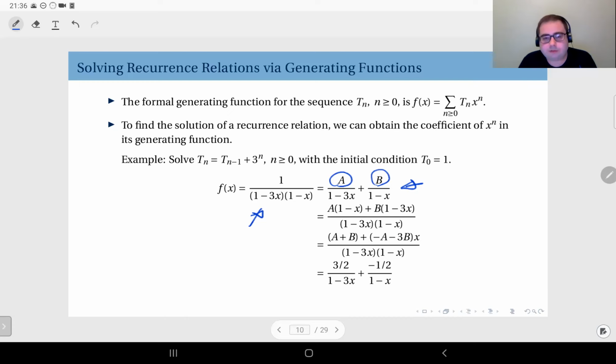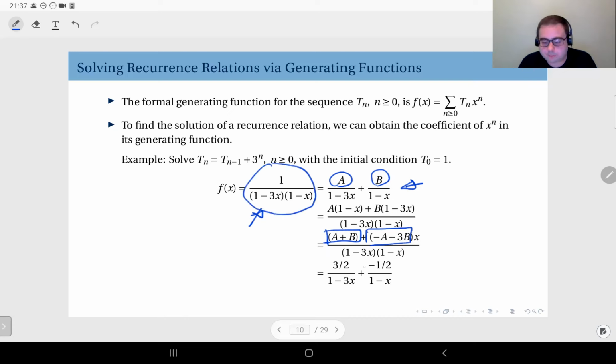So if you equalize the denominators, you have a times 1 minus x plus b times 1 minus 3x divided by their product, and organize the terms so that you have the constant here and the coefficient for the x term here. This should be equal to this entire thing.